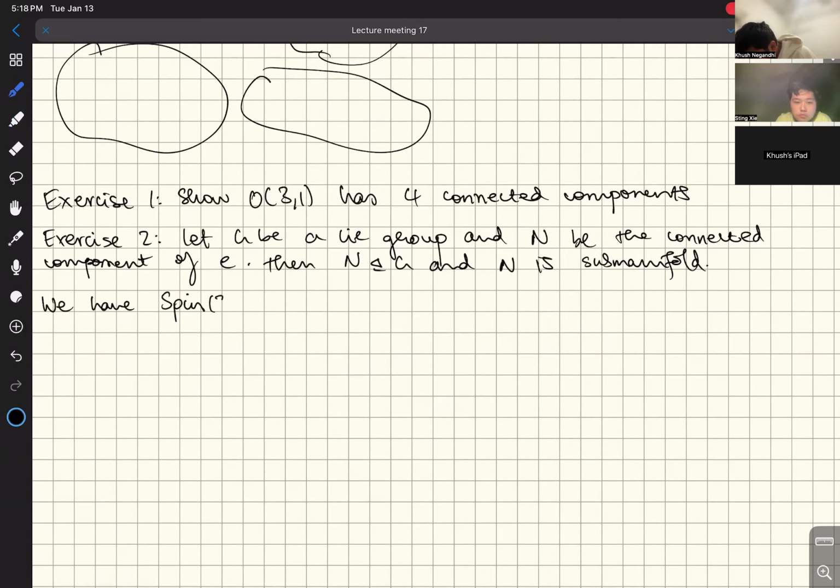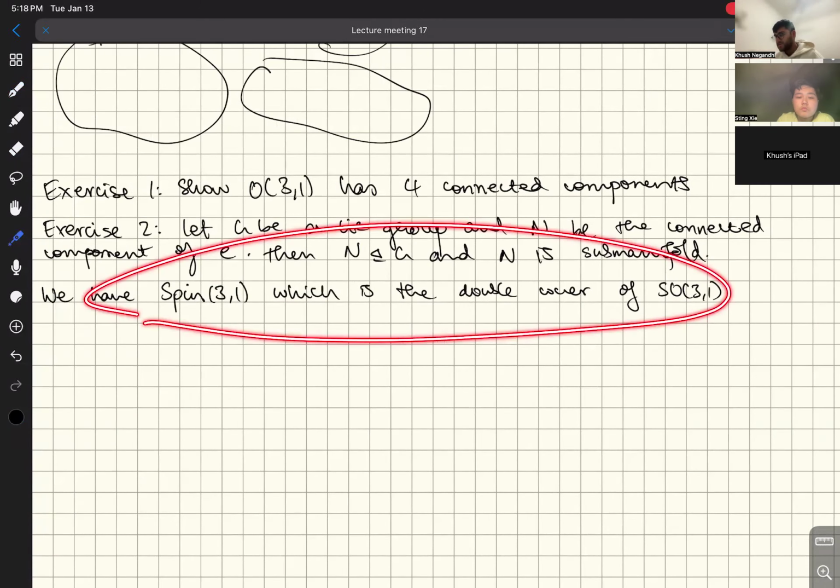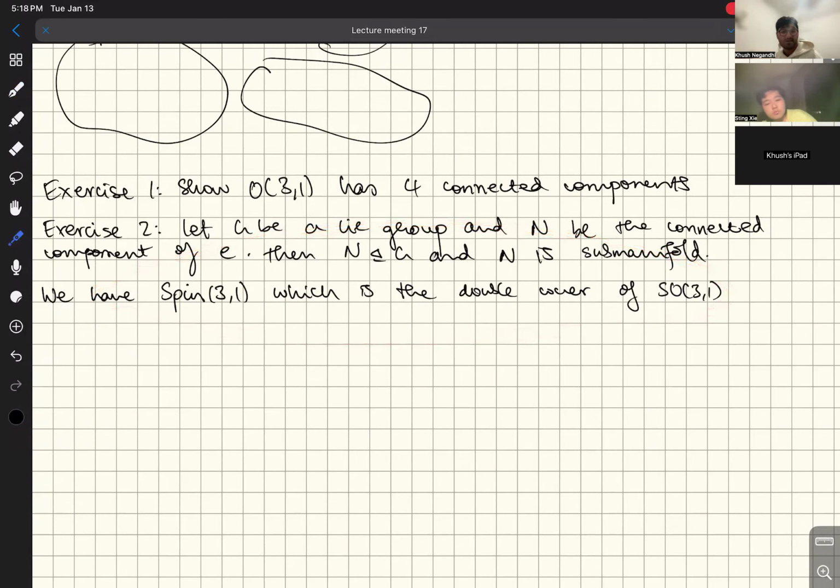I'm not exactly sure how to say much about this, but we have the spin group Spin(1,3), which turns out to be the double cover of SO(3,1). We won't talk about this one so much just yet.